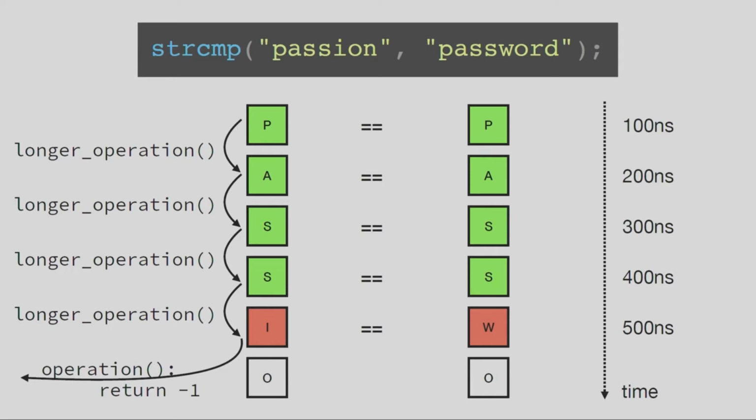Then if the first character is already incorrect, the whole operation only takes 100 nanoseconds. So you can try every possible character, and if one matches, you know it must be this one, because then it will take 200 nanoseconds, as it also needs to compare the second character.